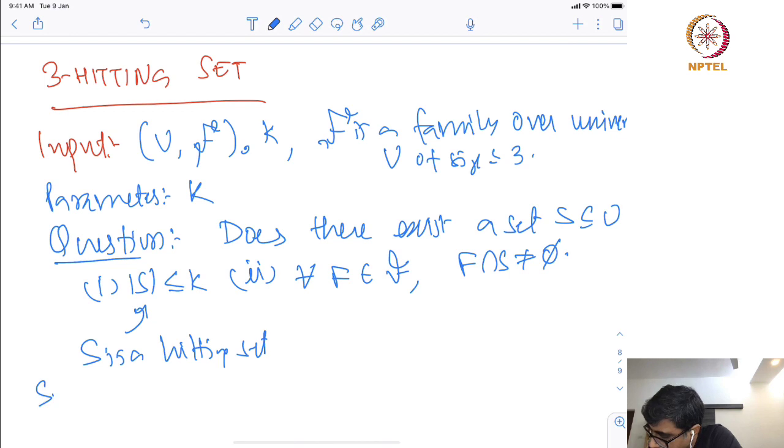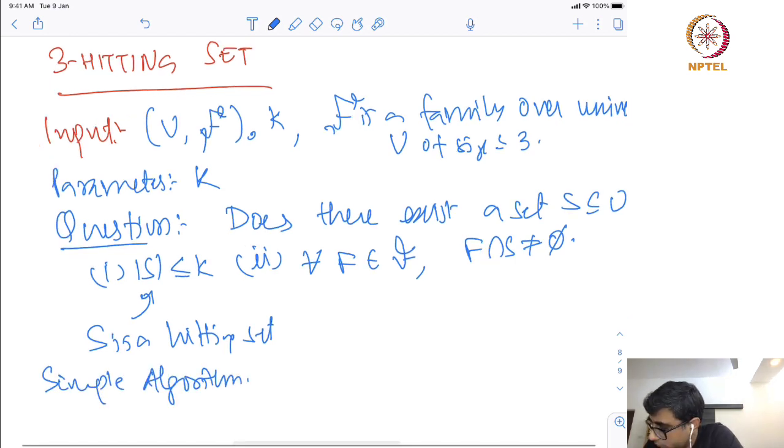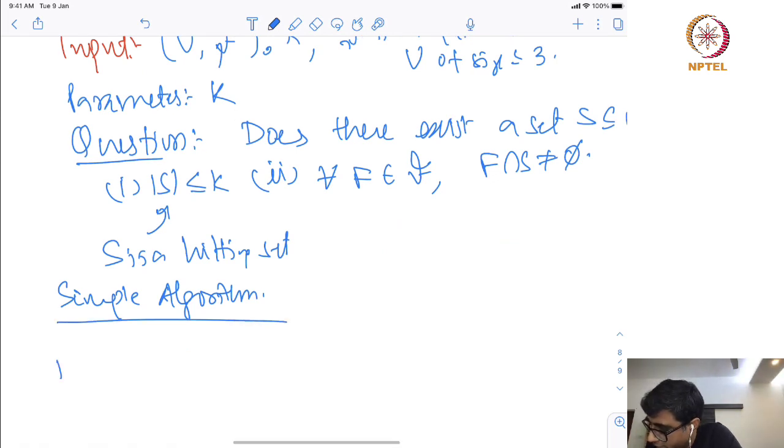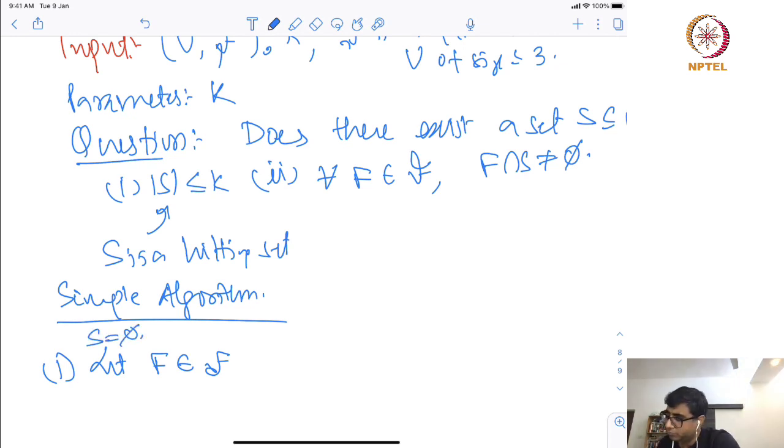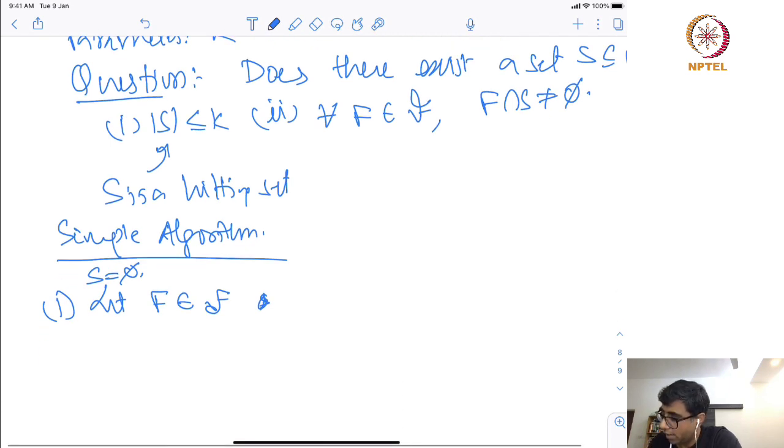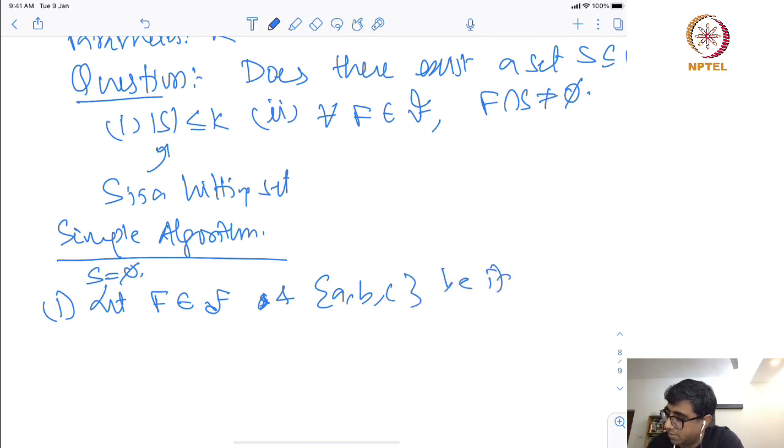So clearly 3-hitting set has an algorithm. What is a simple algorithm? Here is my simple branching algorithm. In the beginning suppose S is the empty set. Let F be in the family, and let a, b, c be its elements.